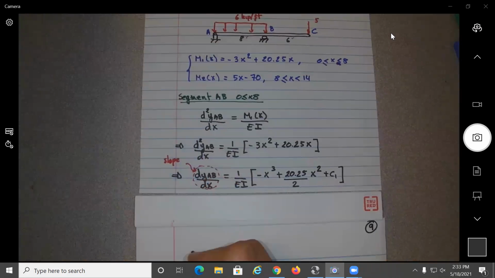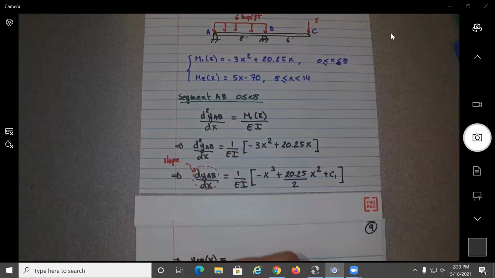So if we integrate once more, we get y_AB of x equal to 1 over EI times the factor of minus x to the power 4 divided by 4, plus 20.25 divided by 6 x cubed, plus C1 times x, plus C2.